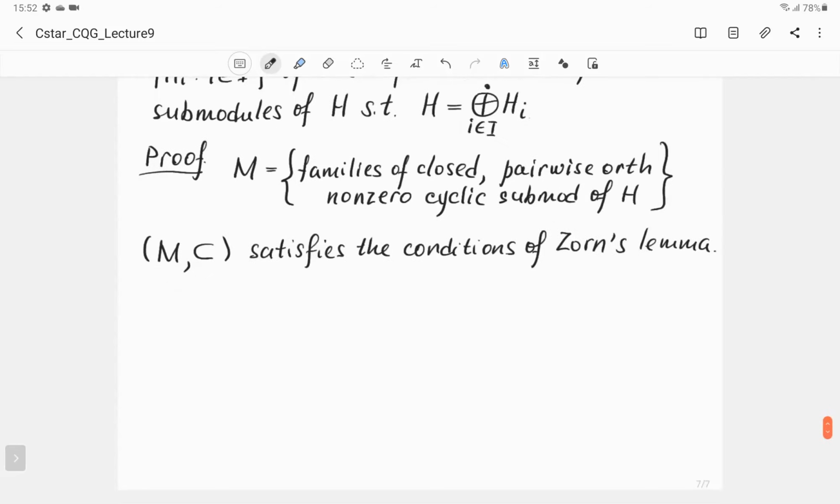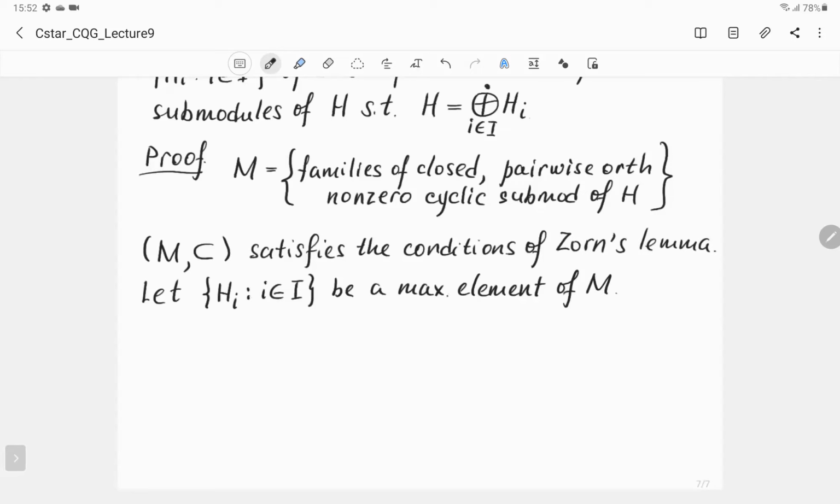Okay, so by Zorn's lemma, this set has a maximal element. So let HI be a maximal element of M.